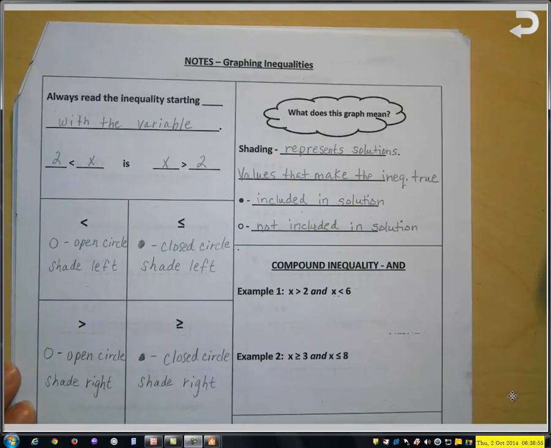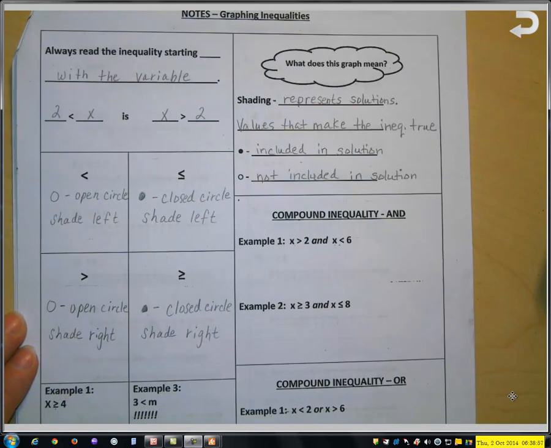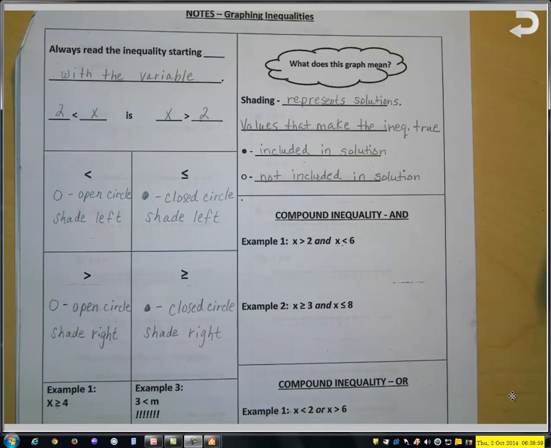Okay, let's go on to talking about compound inequalities. Compound inequalities are when we have more than one inequality combined together. So here we have x is greater than 2 and x is less than 6. So the first thing that we want to do is we just want to combine this into one inequality.